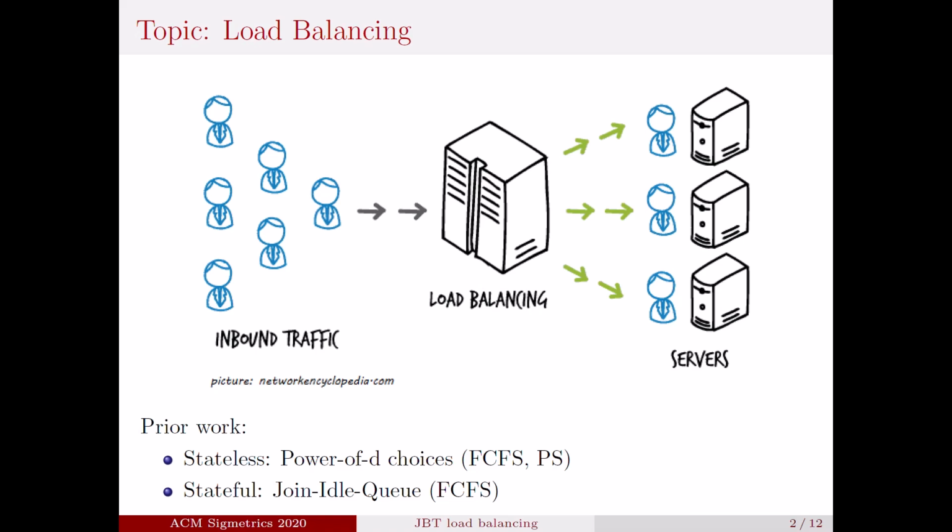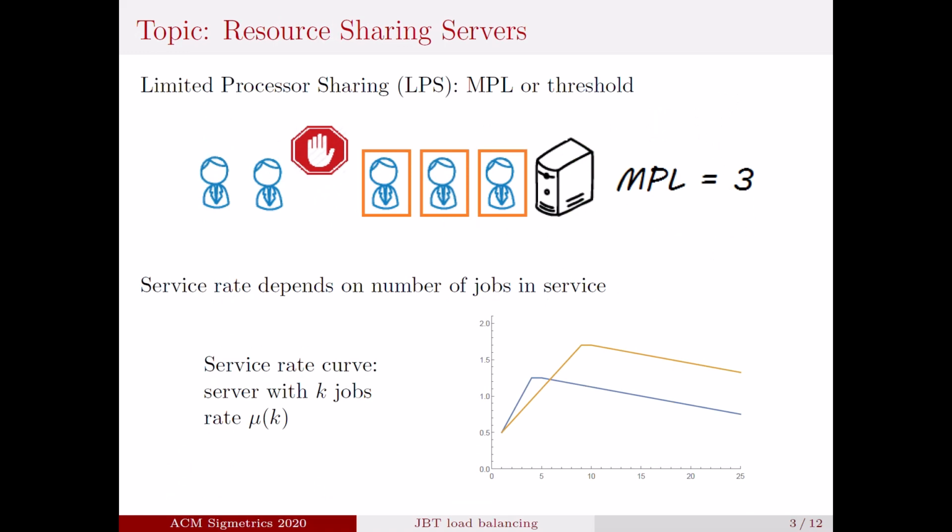Now in this talk instead, we are going to load balance across a set of servers that are called resource sharing servers. These servers have two specific properties. The first one is that a server can serve multiple jobs at a time, but there is a limit on how many jobs it can serve simultaneously, which is called the multi-programming limit, or for short, the MPL.